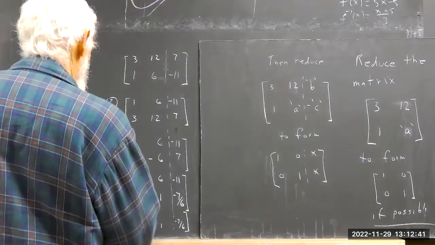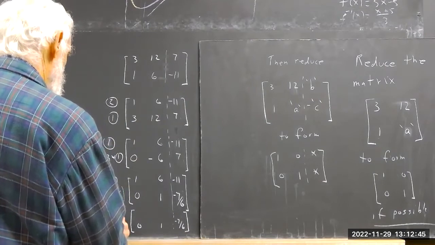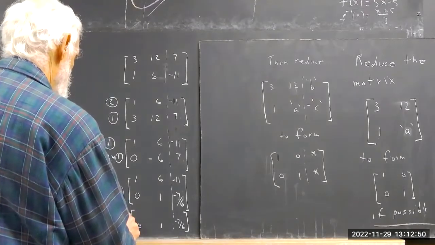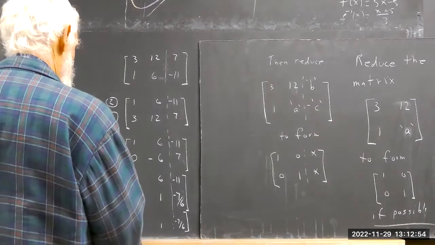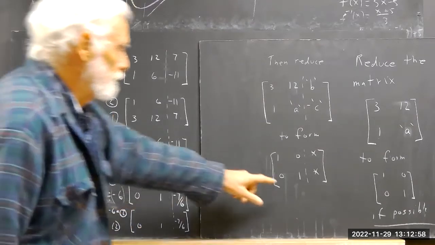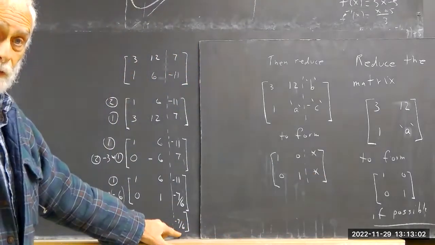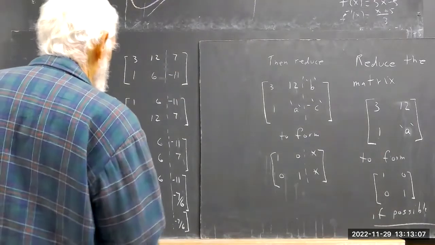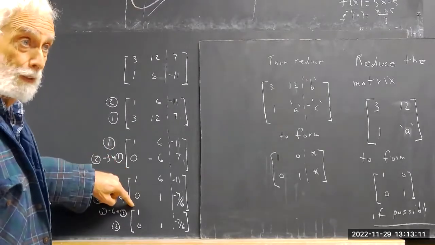Now I'm going to do row 1. -6 times row 2, and we're going to keep row 2 here because row 2 is exactly what I want. This asterisk now is my -7/6, again, my value of y. In the first row, whatever multiple of row 2 I add to row 1 is not going to affect this 1 because I've got a 0 here.